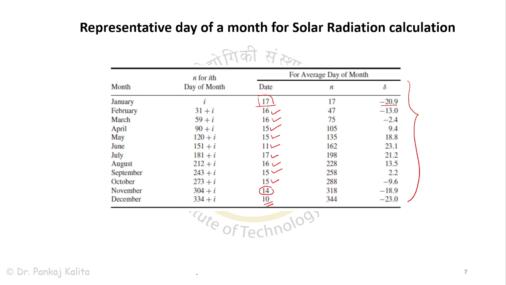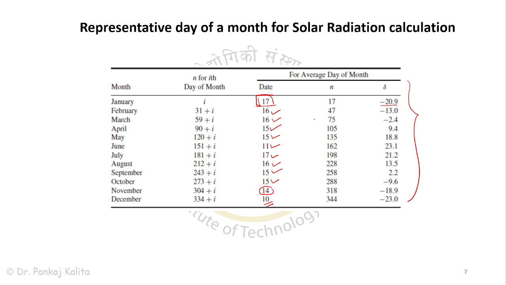Now, if you want to calculate the solar radiation for a whole month, rather than calculating it for each day, what has been done is we have defined a day in a month as the average day of the month. If we calculate solar radiation on this particular day, it will be equivalent to the solar radiation for the whole month. So for January it's 17 January, for February it's 16th Feb, and n will vary depending on which month we are talking about.